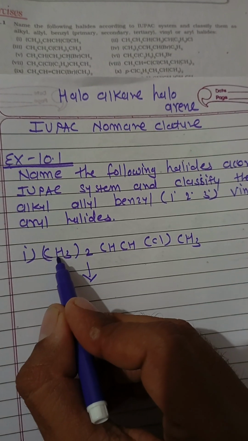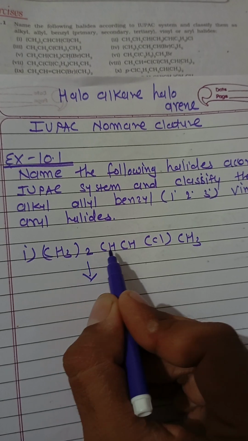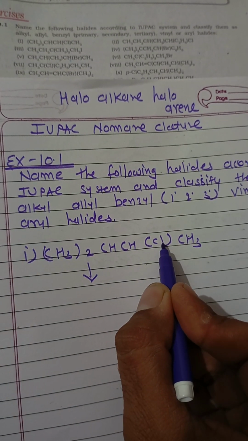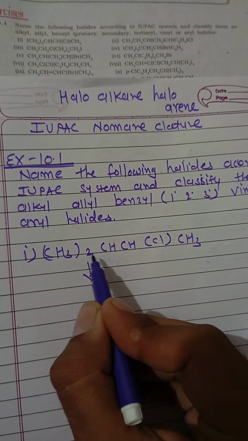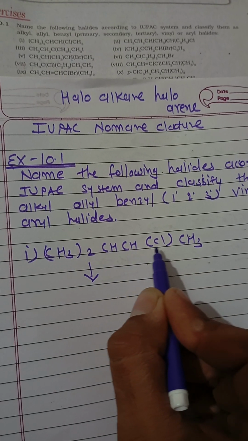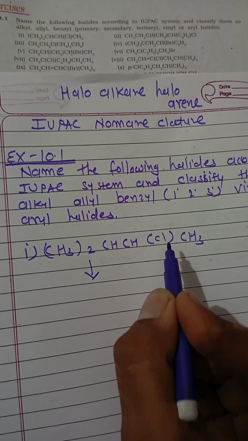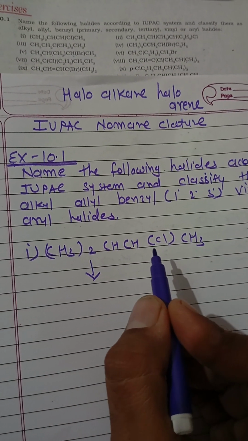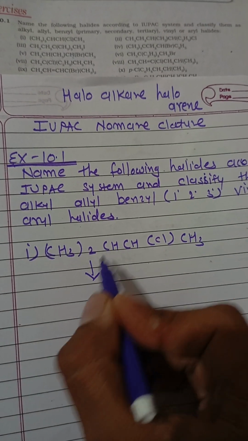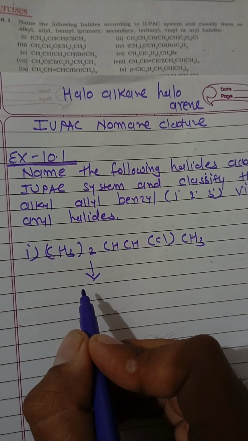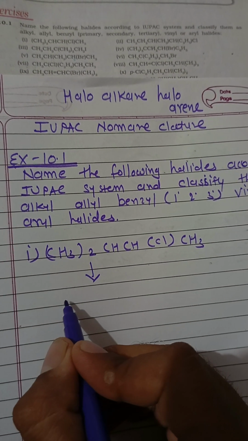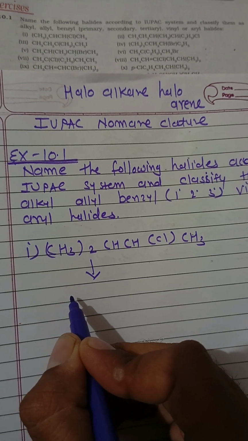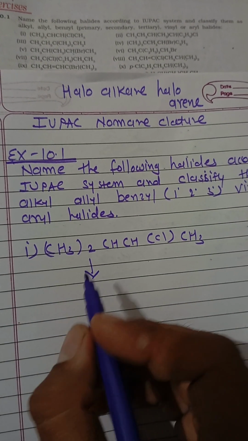See here, CH3 twice is given to us, then after that 2 carbons which have chlorine and CH3. In the bracket, different groups are given to us. Generally we consider them substituent groups. So I simplified this structure first, and then I apply the particular numbering for IUPAC nomenclature and type.